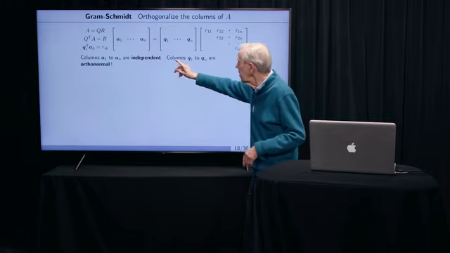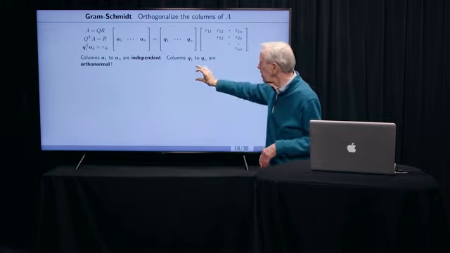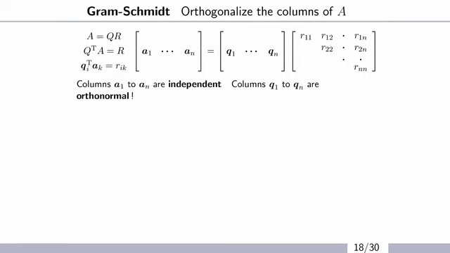So, I won't go into all the details, but here's the point. If I have a bunch of columns that are independent, they go in different directions, but they're not 90-degree directions, then I can convert them to perpendicular axes, with a matrix R that happens to be triangular, that did the moving around, taking the combinations.